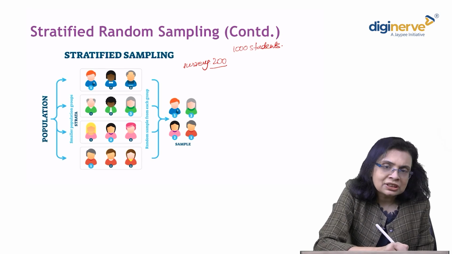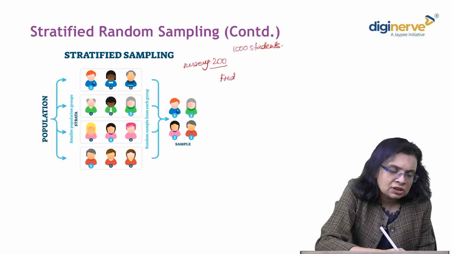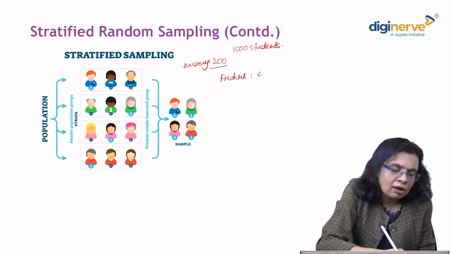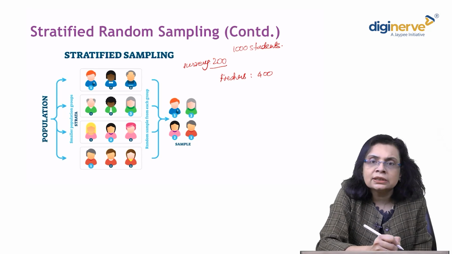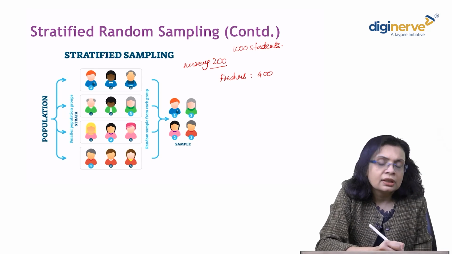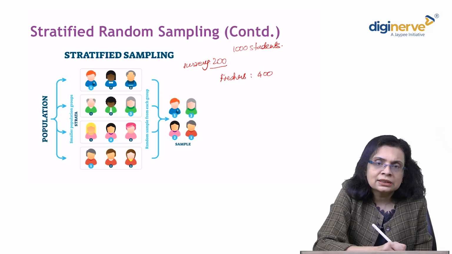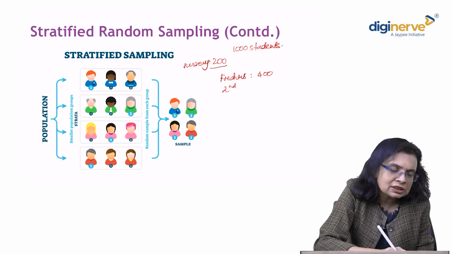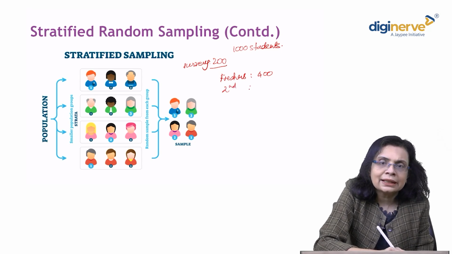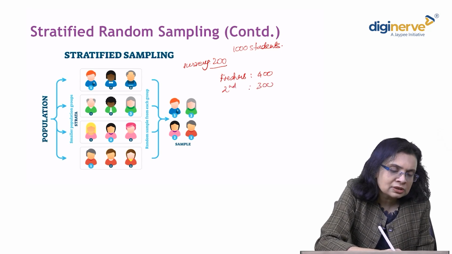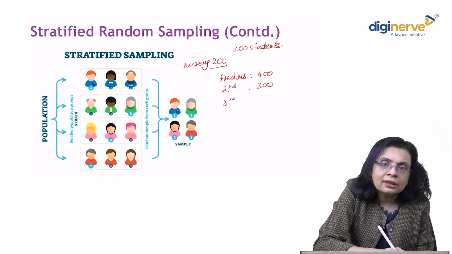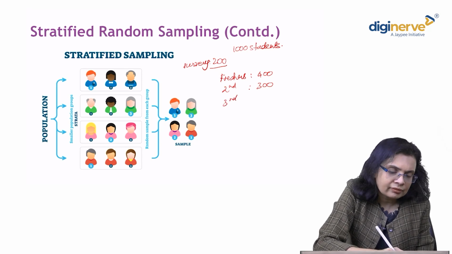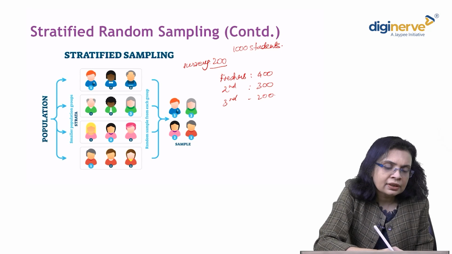So let's imagine that freshers maybe are 400 out of these total of 1000 students, second year students maybe, for example, say that they are 300 students. Third years are say 200. So this becomes 700, 800, 900.